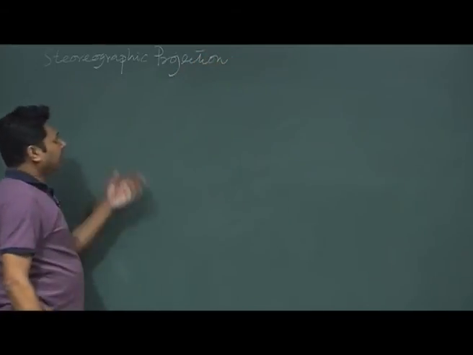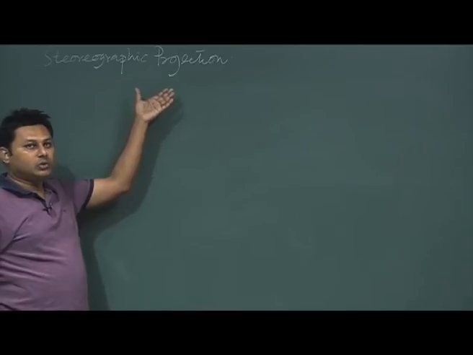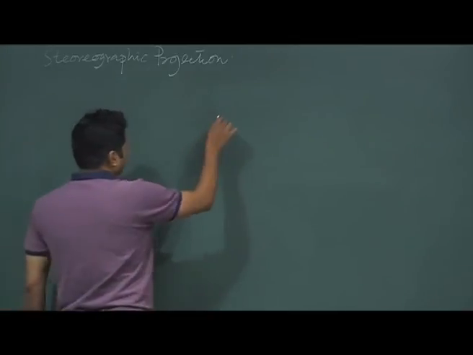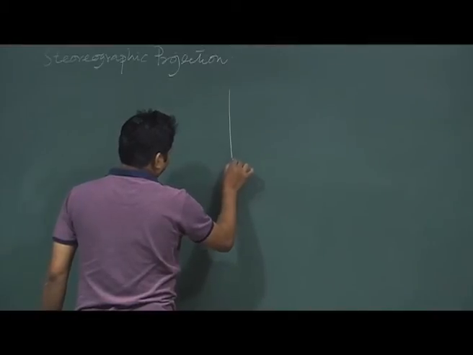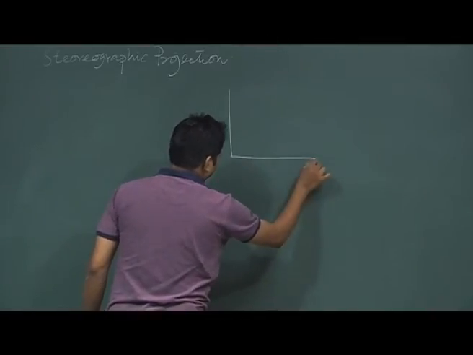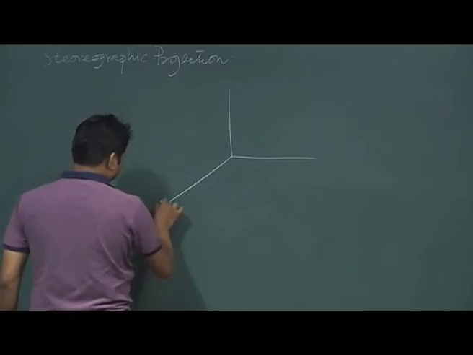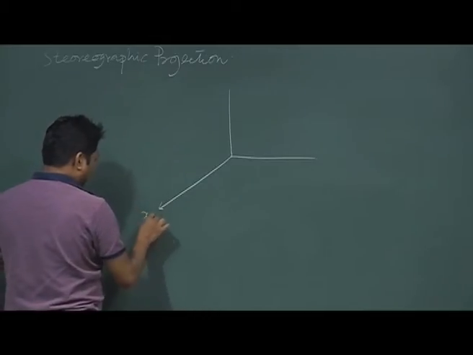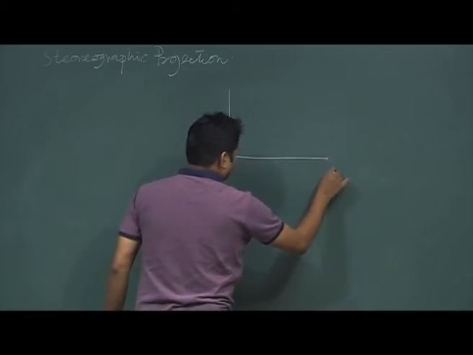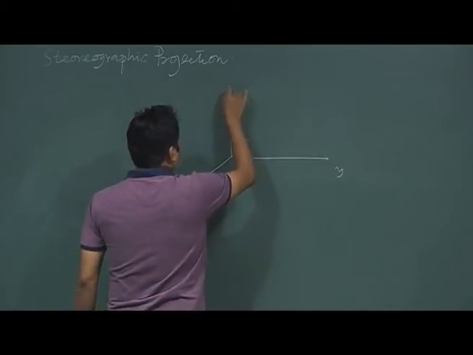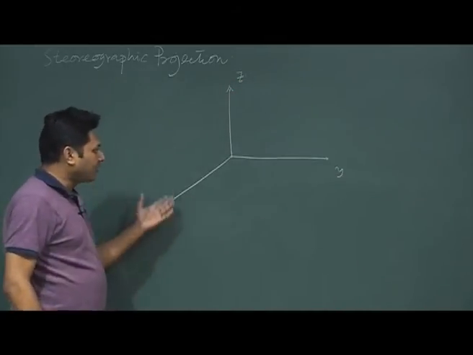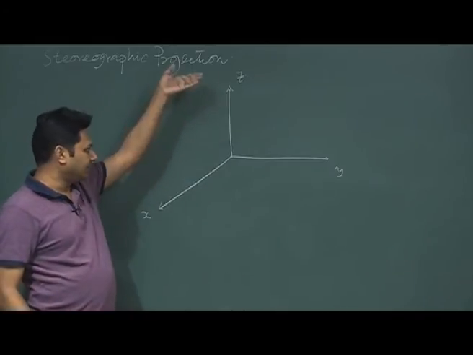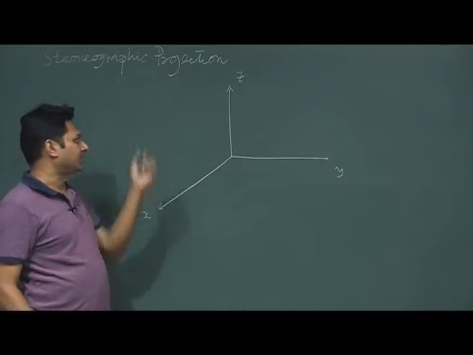The concept is not very hard to understand, it is a straightforward concept. So, what I will do is, for example, this is my coordinate system, x, this is y, and this is z. The x-y plane is my complex plane, for example, and z is the direction which is perpendicular to the complex plane.